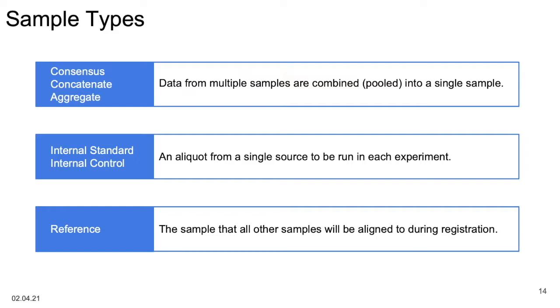We also will refer to internal standards or internal controls, an example of one sample that might be frozen down, and aliquots would be given to each experiment to be run in tandem with the experiment on a particular day. And then we have references. The reference sample is the intended idealized sample that we want other samples to be registered to.